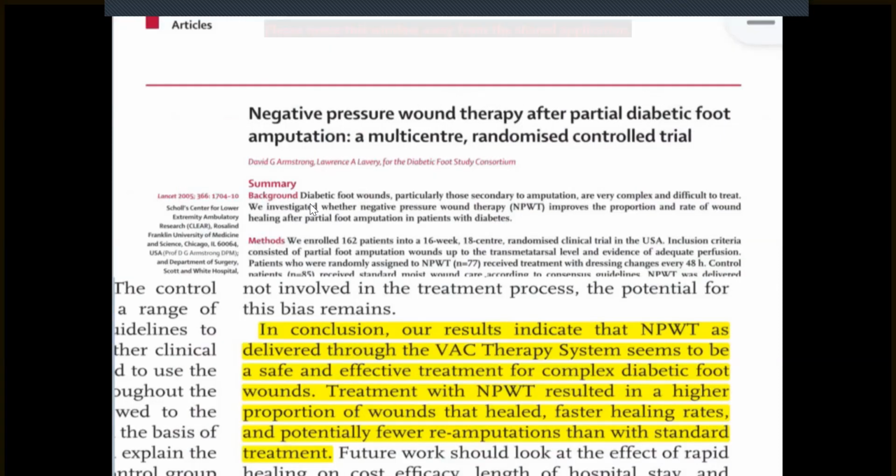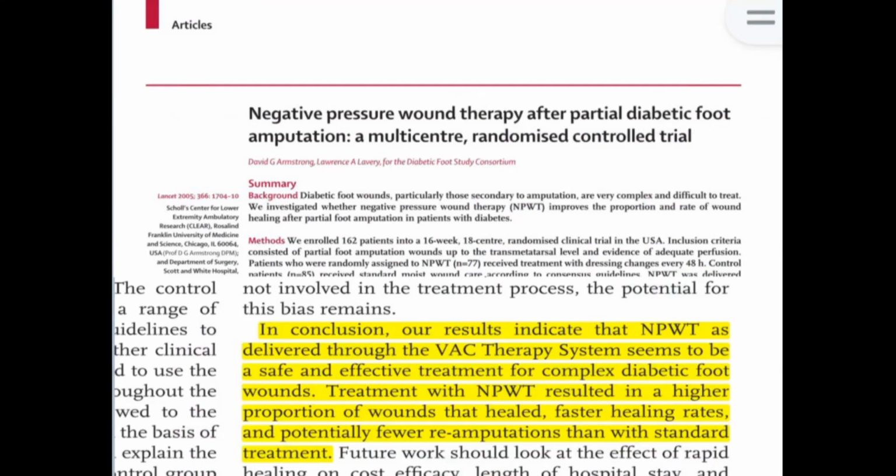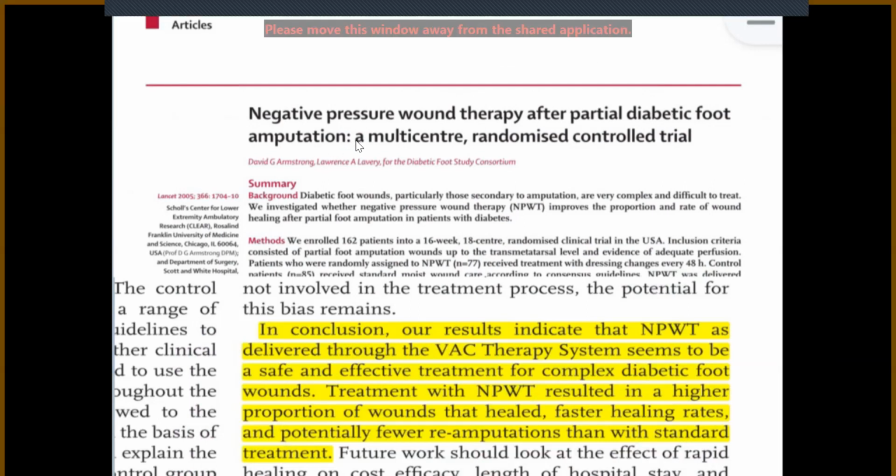Now coming to the various evidences. Negative pressure wound therapy after partial diabetic foot amputation. This was a multi-center randomized control trial published in the Lancet in 2005.